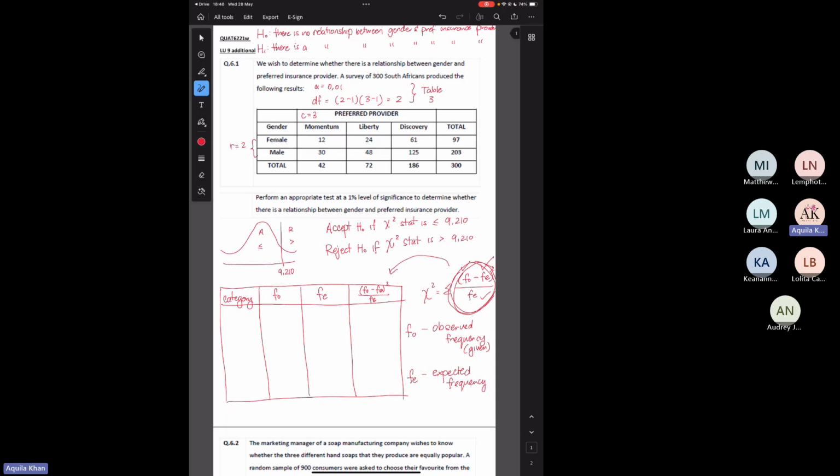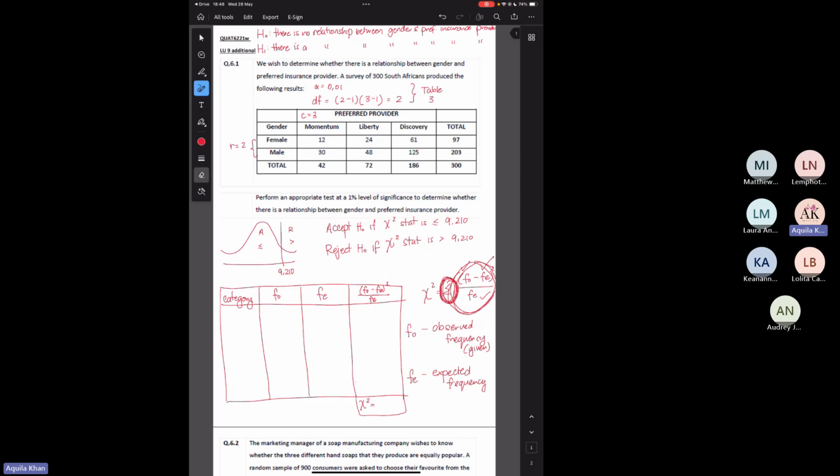And then once you're done with calculating that, you simply add up that entire column, and that is then going to give you the sum of that you see here, and that is going to be your chi-squared statistic.